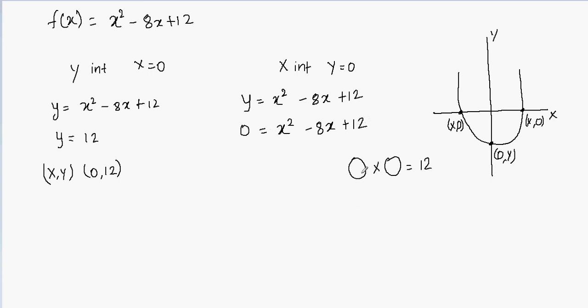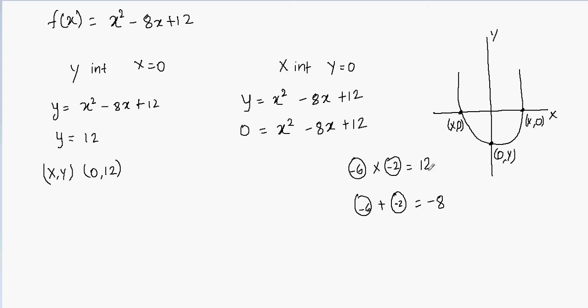So remember that you need to think of two numbers or two factors which when multiplied should give you positive 12, but when added should give you negative 8. And I know that those factors are negative 6 and negative 2. Because when you multiply two negative numbers, you get a positive result.